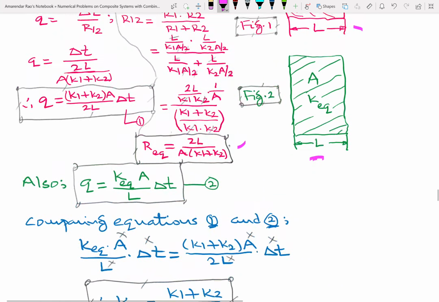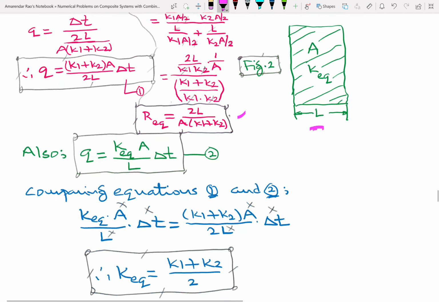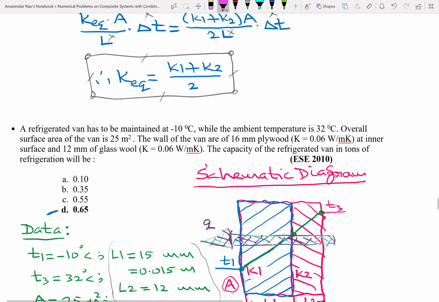This is how you work out the problem when the walls are placed one over the other.